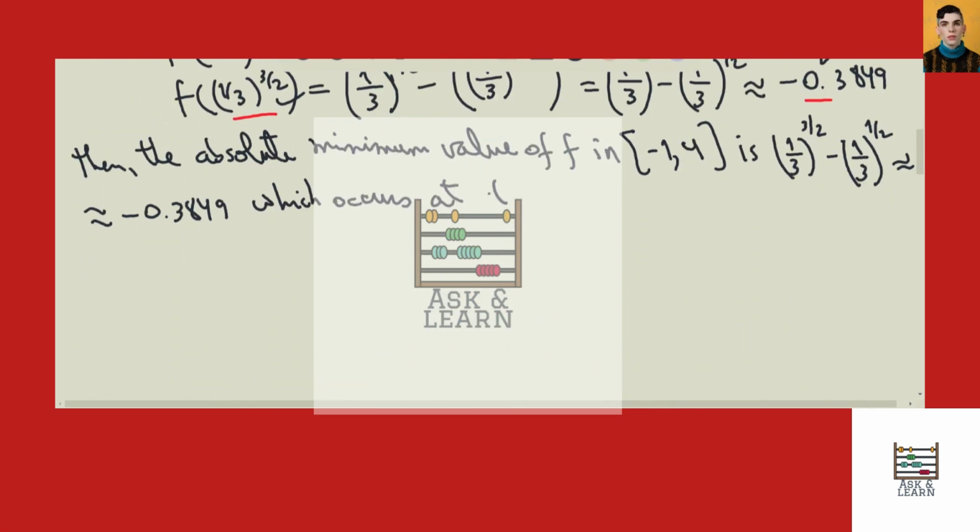At the critical number t equal 1/3 to the 3 halves, and this in fact is about 0.19245.